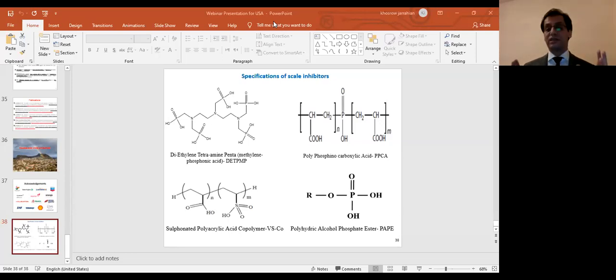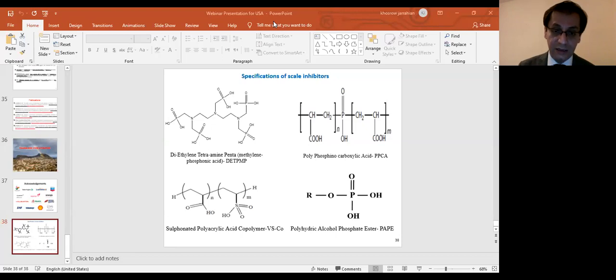Most green chemicals don't have good retention. We have to optimize the retention properties and the chemical structure, which is another very important challenge, particularly for production chemists, to look at scale inhibitors which can be used in the future for the oil and gas industry.